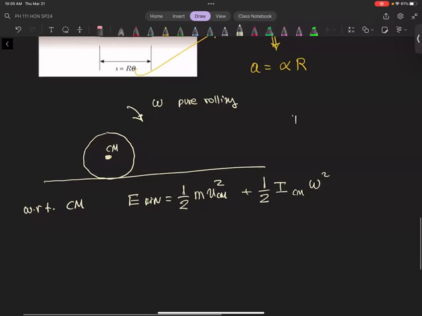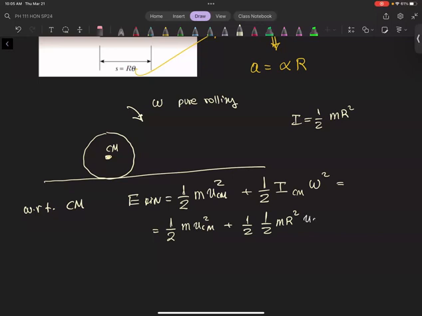Let's say it's a disk, I equals 1/2 mass r squared. So let's do the substitution. 1/2 m v squared plus 1/2 of 1/2 mass r squared omega squared. What am I going to do with omega? Given that I have no slipping conditions, I have free rolling, what can I assert? That omega squared is the center of mass speed squared divided by r squared. I can make this substitution, yes?